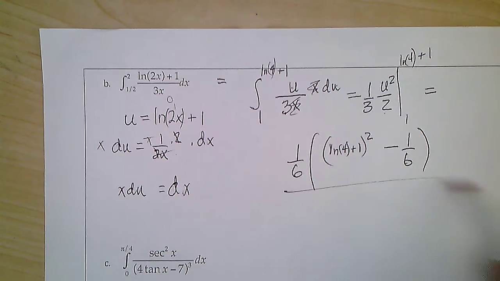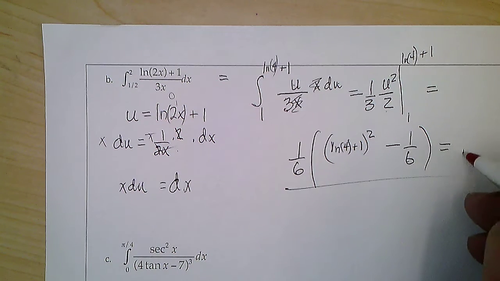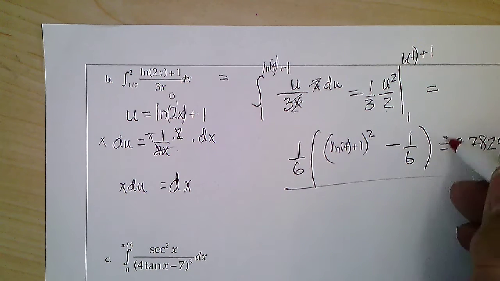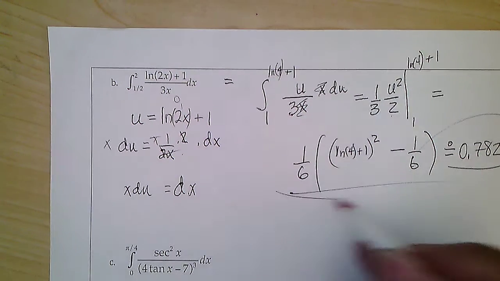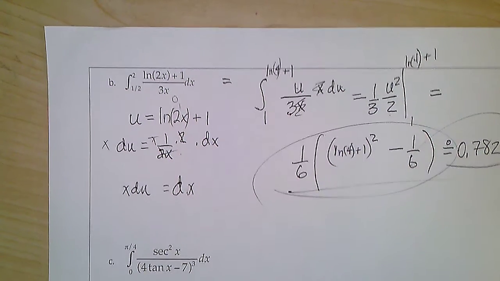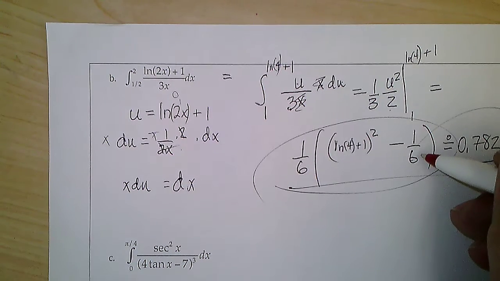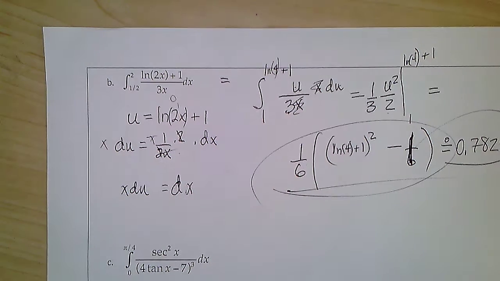And that's close enough. If you want it in decimal, I believe that comes out to be 0.7824 approximately. This answer would have been fine. Oh, I took the 6 out, so this would be just a 1 in there.